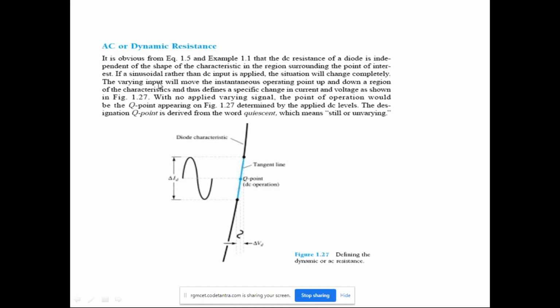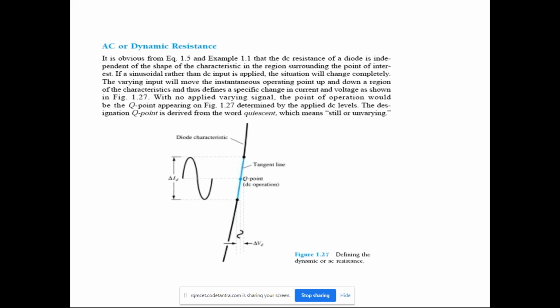Remember this one. Now, the varying input will move the instantaneous operating point up and down a region of the characteristics, and this defines a specific change in current and voltage as shown in the figure. This DC resistance, or static resistance, is fixed, whereas here AC resistance, or dynamic resistance, changes, right?